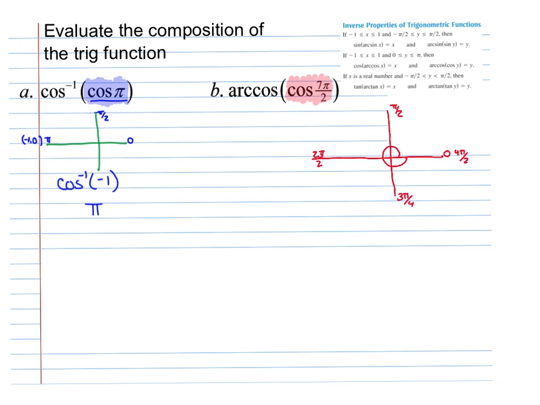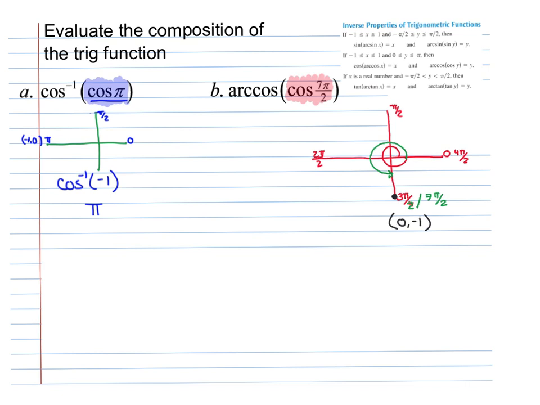So that's 4, 5, 6, 7. So 7 pi over 2 is also where 3 pi over 2 is located. So we know that it is right here. That ordered pair for sine and cosine would be 0 and -1.